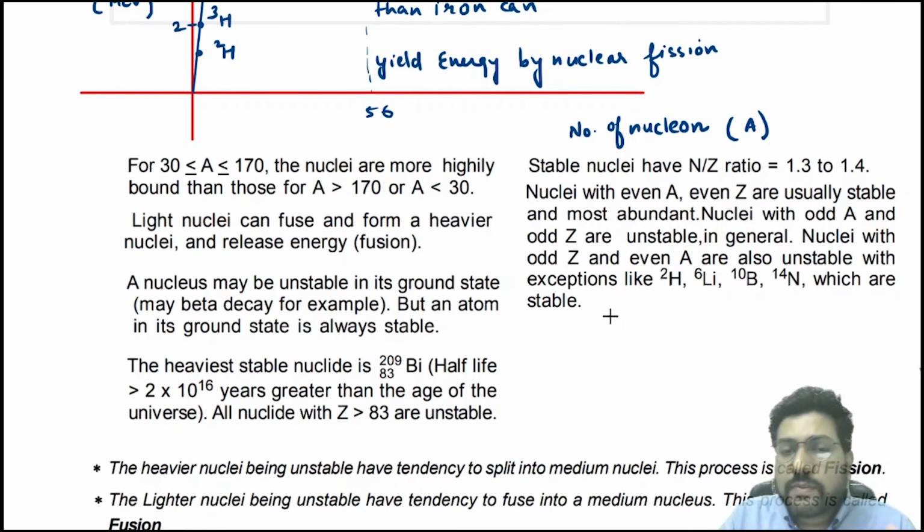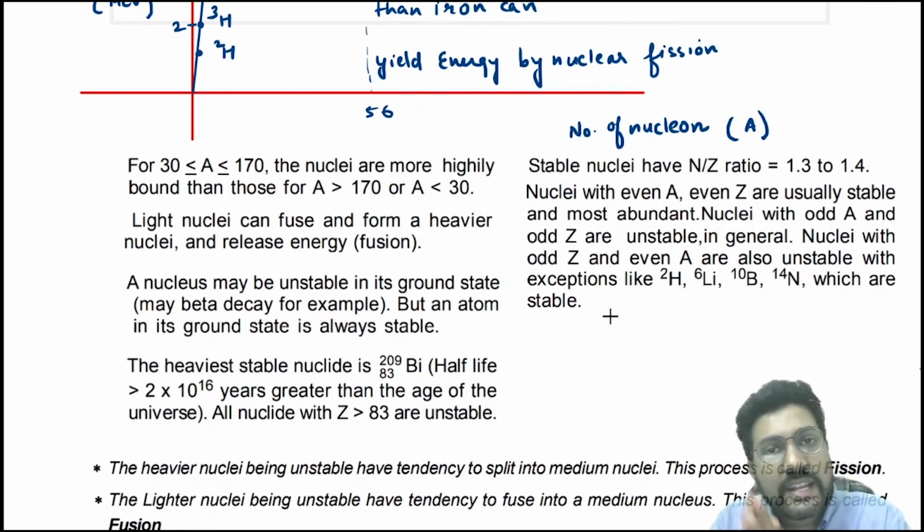So what you have to remember is that nuclei with even A and even Z are usually stable, while those with odd A and odd Z are unstable. Nuclei with odd Z but even A are unstable, but there are some exceptions like 1H2 and 3Li6.